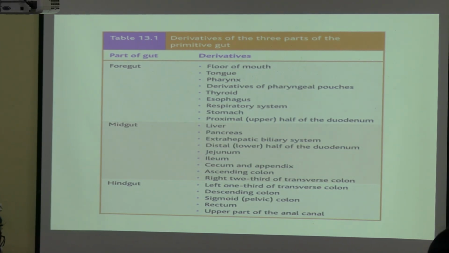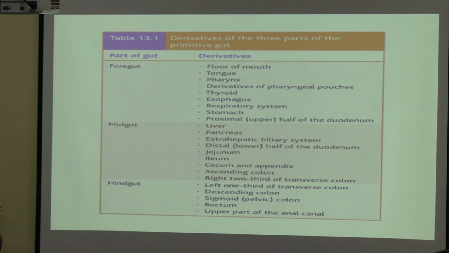These are the derivatives of your guts. Floor of the mouth, tongue, pharynx, derivatives of pharyngeal pouches, thyroid, esophagus, respiratory system, stomach, and also the proximal, that is upper half of the duodenum, are derived from the foregut, whereas the liver, pancreas, biliary system, and lower half of the duodenum, jejunum, ileum, cecum, appendix, ascending colon, and 2/3 of the transverse colon are derived from the midgut.